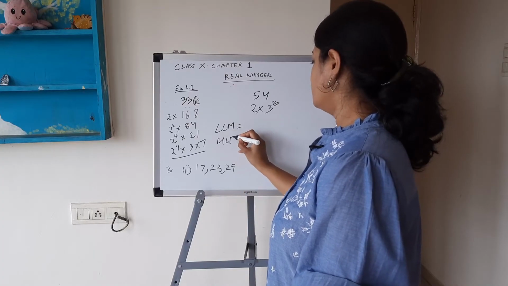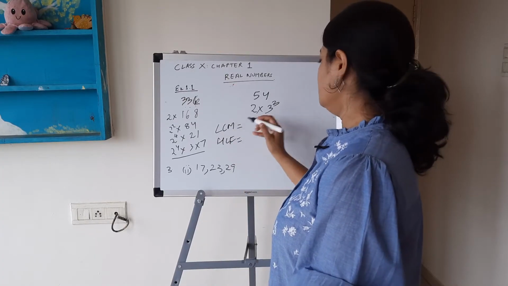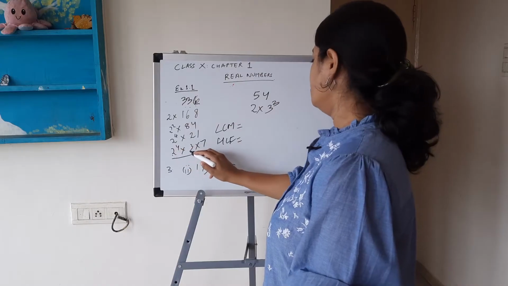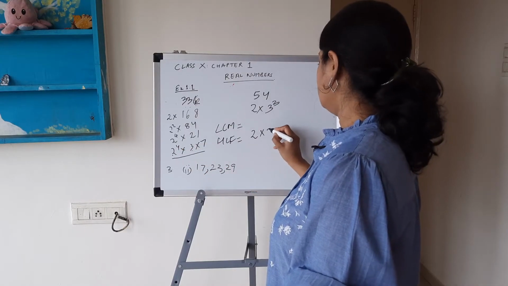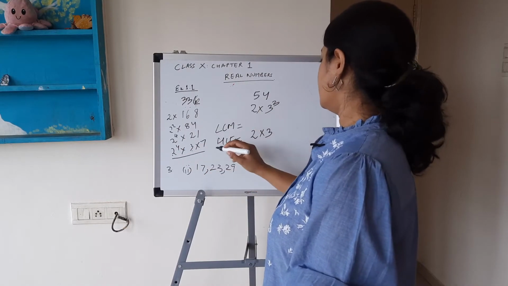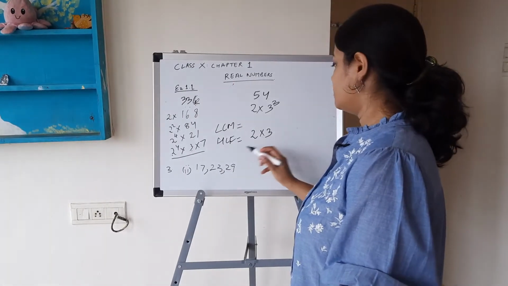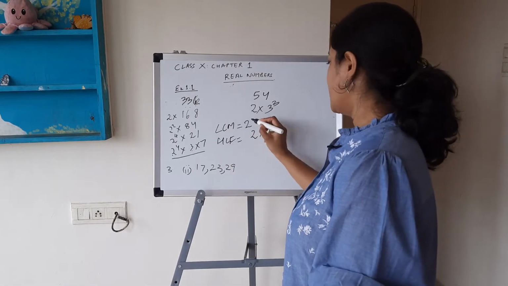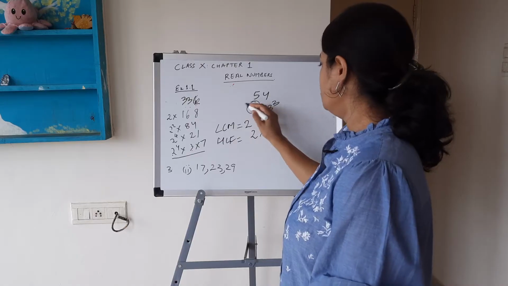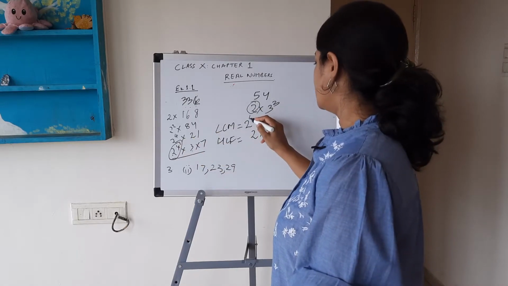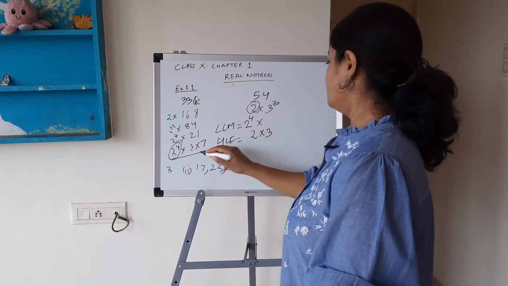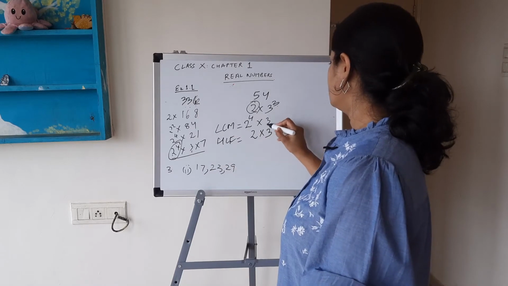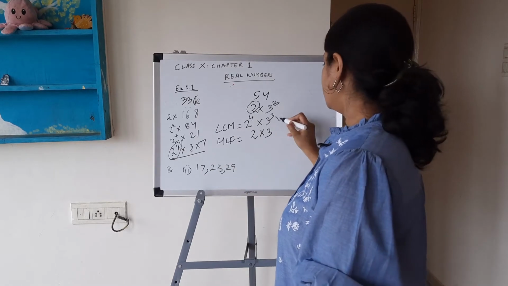So now LCM and HCF. HCF would be the common factors here. So we have 2, 3. So 2 into 3. And LCM would be the highest power of each. So when we look at 2, we will consider the highest one, 2 to the power 4. Then 3, this is 3 here, 3 cube here, so we'll consider 3 cube. And then into 7.